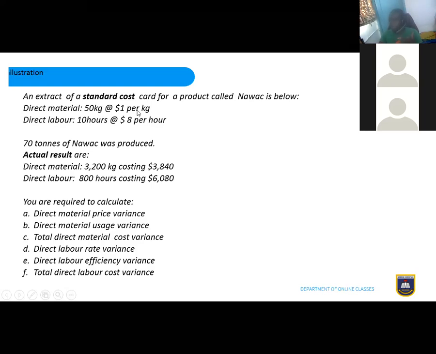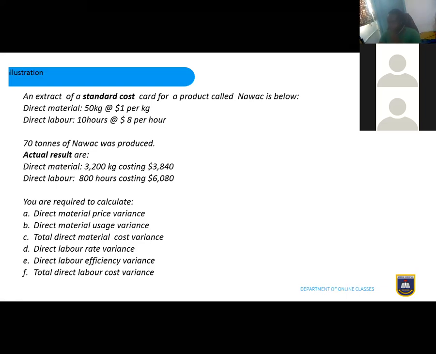Previously, when we were talking about standard price, we looked at the unit cost of a standard price, where we had $1 per kg. So when we come to actual price and they give you information like 3,200 kg costing $3,840, you should know that this is not the per unit price. This is the total price, so you have to find the unit price.